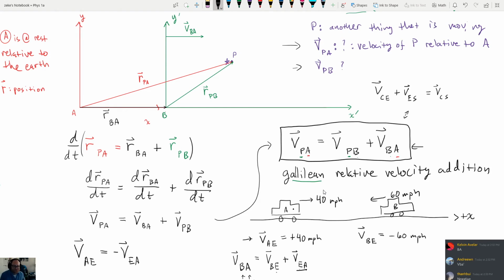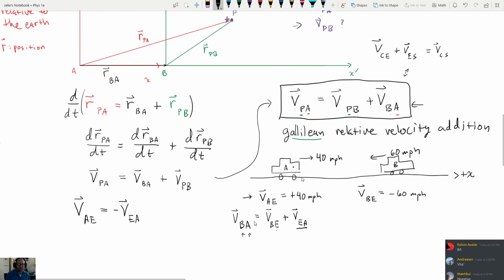So what we can do is, there's two different ways we can do this. What I'm going to do is I'm going to take this one and say that we can rewrite that to say that VEA is equal to negative 40 miles an hour. And now we have the two things that we need to put into our equation right here.